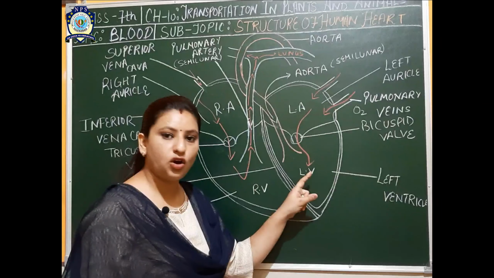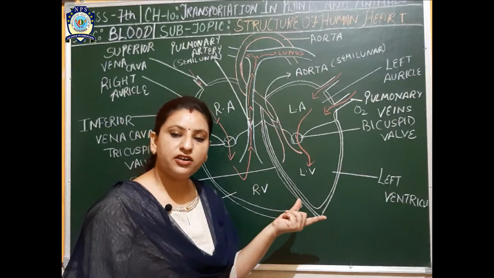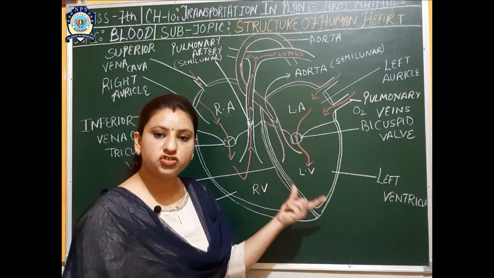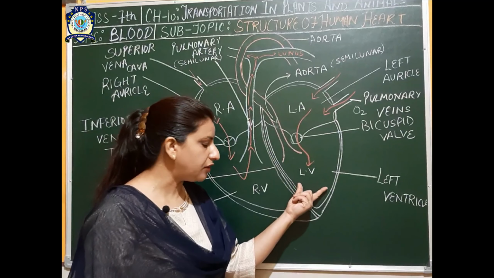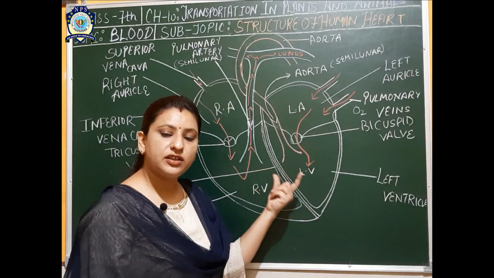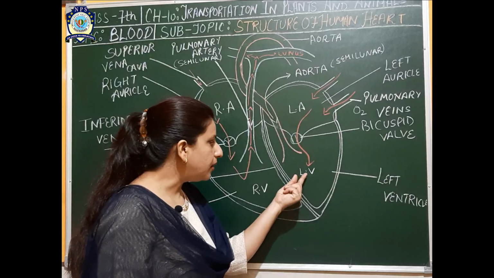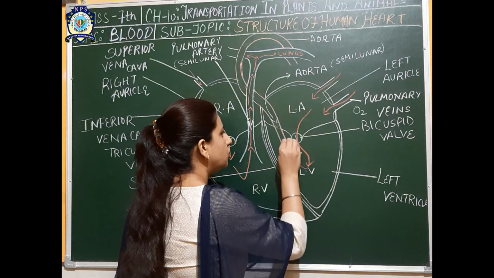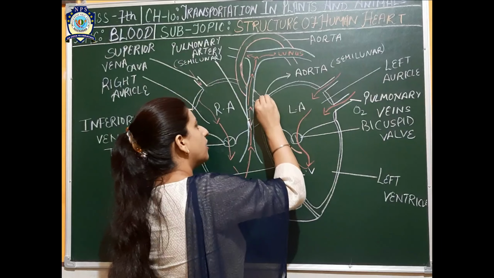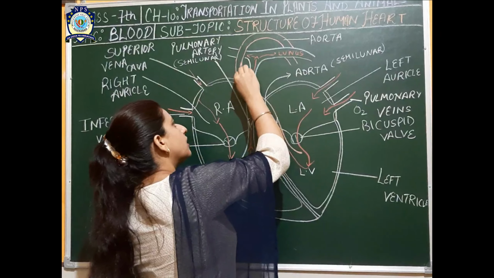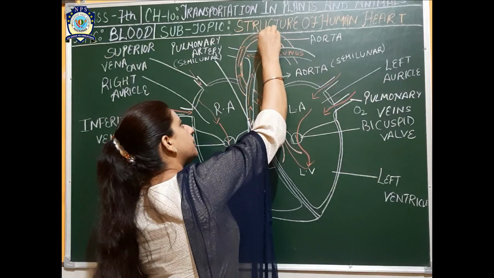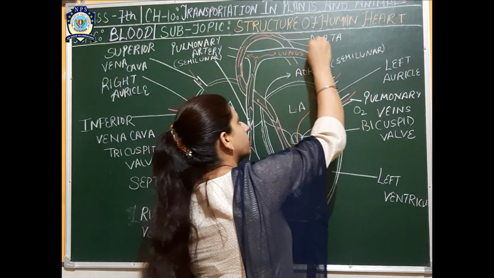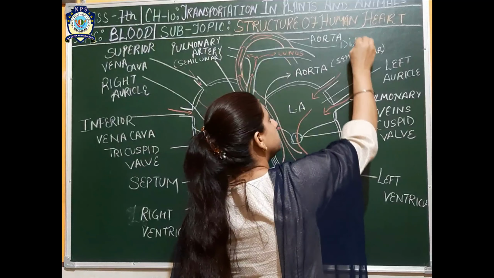Now the left ventricle gets filled with blood, and pressure is generated on its walls. With this pressure the oxygenated blood will enter from the left ventricle to the aorta, and from the aorta the oxygenated blood will pass to different parts of the body.